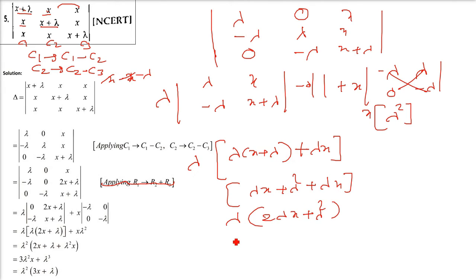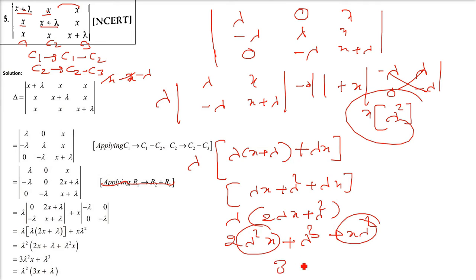Let us multiply the outer lambda with inside: 2 lambda square x plus lambda cube you get. But one more thing is remaining, which is x lambda square. So just write x lambda square. These can be added, so it will be 3 lambda square x plus lambda cube. Okay. Now you can take lambda square common. You get 3x plus lambda also. This is also the way you can write.